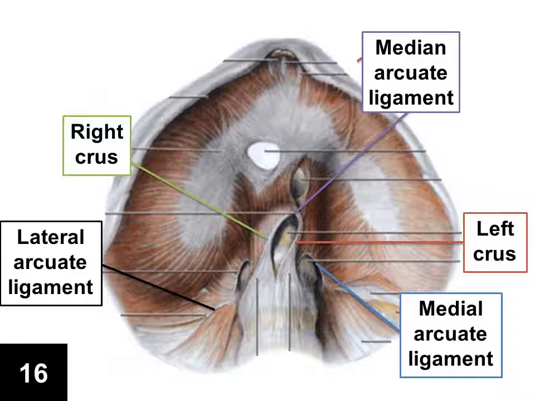Anterolateral surface of the upper three lumbar vertebrae and the intervertebral discs between these three vertebrae, meaning two intervertebral discs between these three vertebrae.